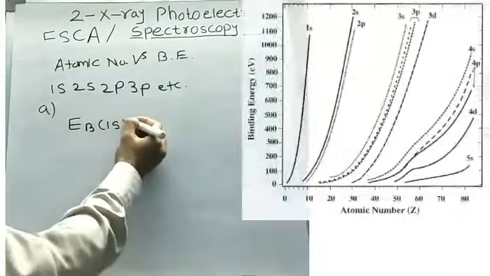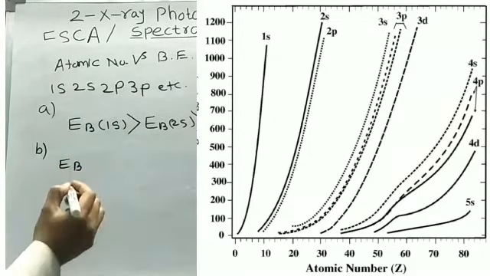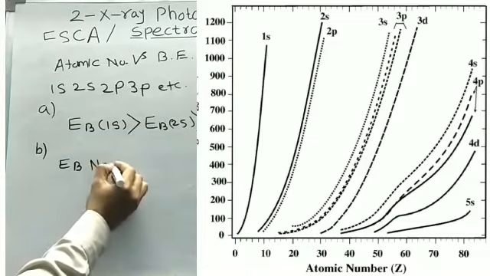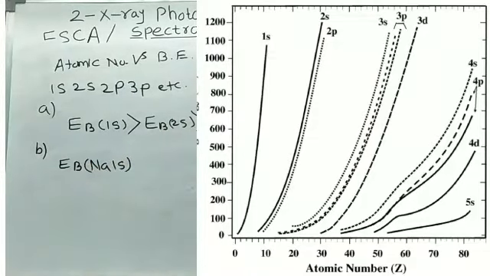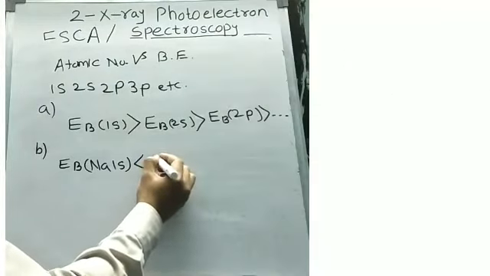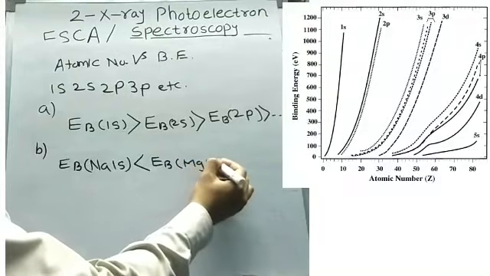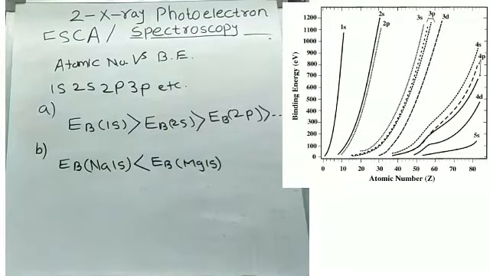Similarly, this shows that the binding energy of a particular orbital increases as atomic number Z increases. Hence, the binding energy of sodium 1s orbital is less than the binding energy of magnesium 1s orbital.